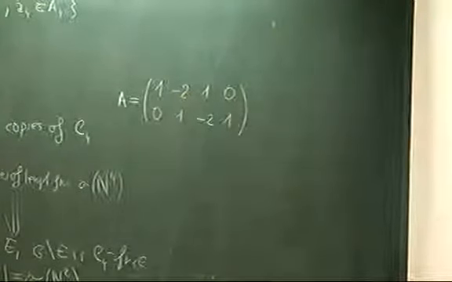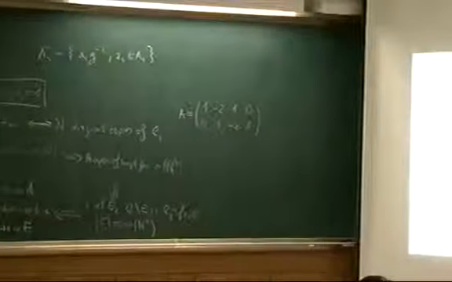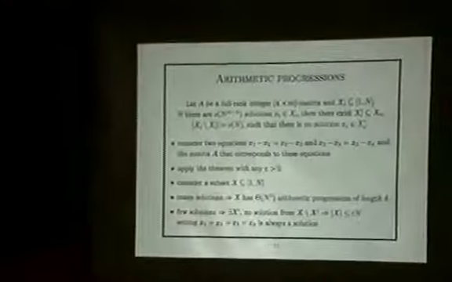What I have just done is move the right hand side to the left hand side: I subtracted x2 and added x3. So I have an integer matrix which is clearly of full rank, so it satisfies the assumptions of the statement. So I can use the removal lemma for this system of equations.